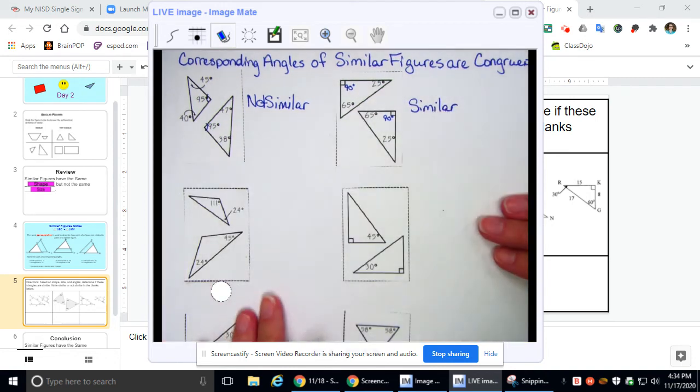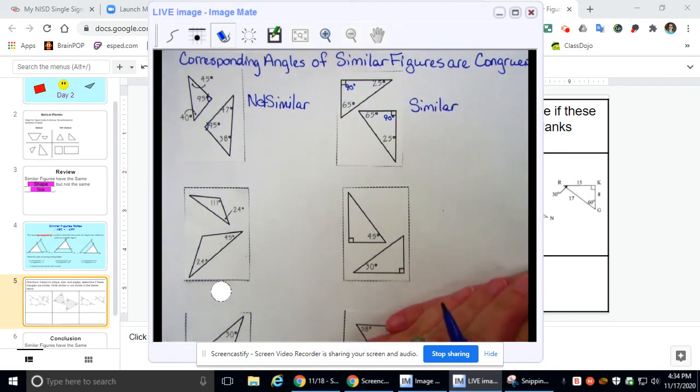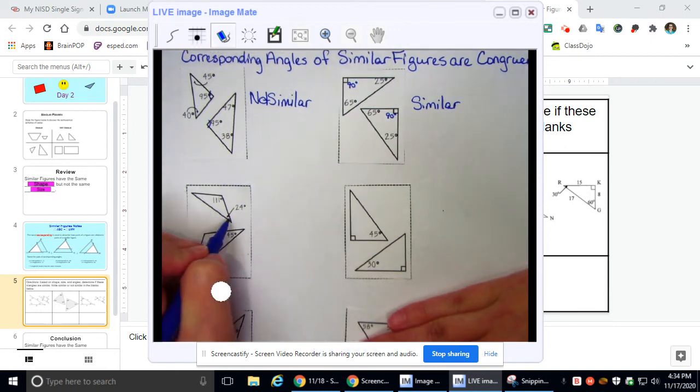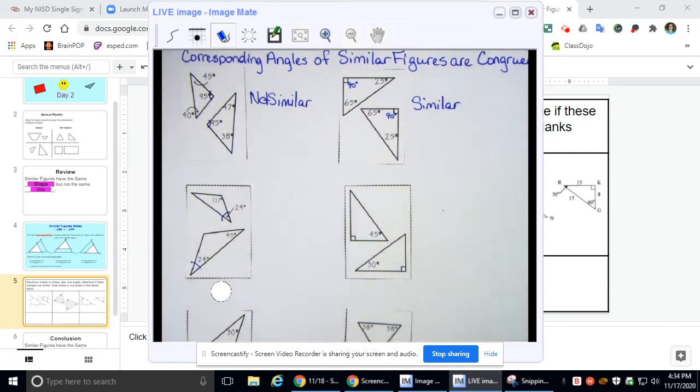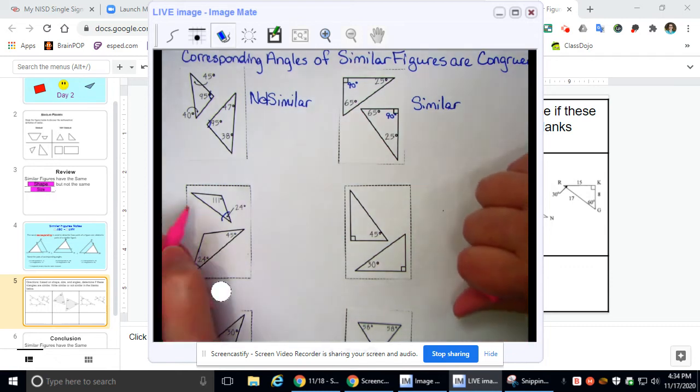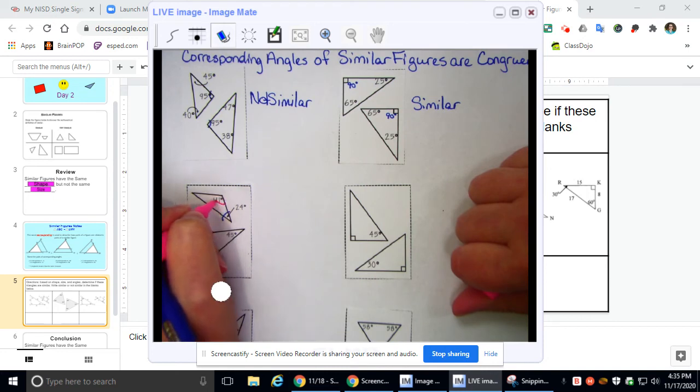All right, so let's take a look at a situation where we might have to problem solve a little bit. So we have the angle 24, 111, okay, and look, 24 and 24, right? Okay, so let's take a look at some of the other angles. So we're going to assume that maybe this angle and this angle are congruent, maybe?